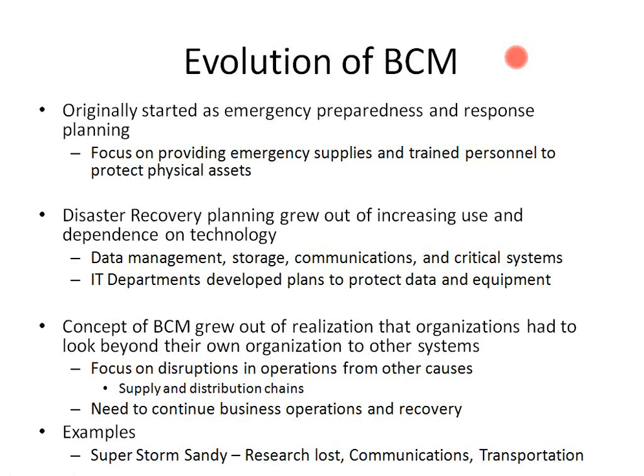Superstorm Sandy was a really good example of a lot of this. I went to a conference and the New York Metro did a presentation that showed the water that was actually in the subway system. Literally, they had to pump out the water. It was never intended to be there.